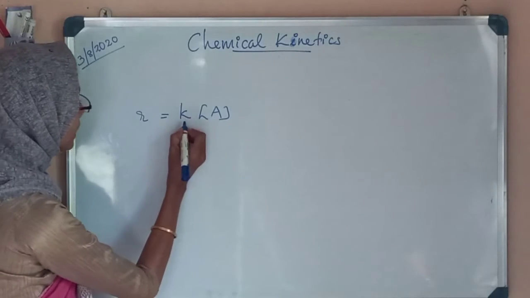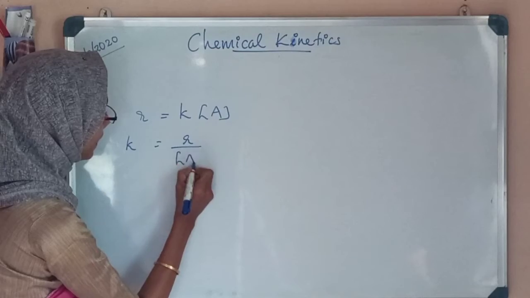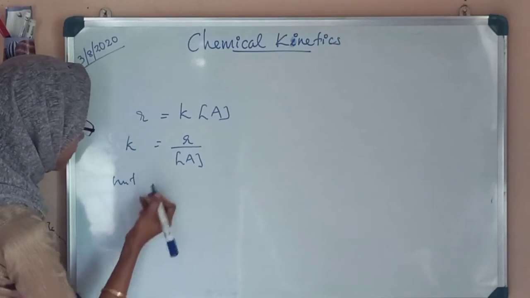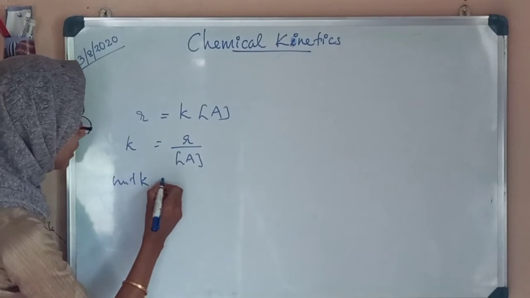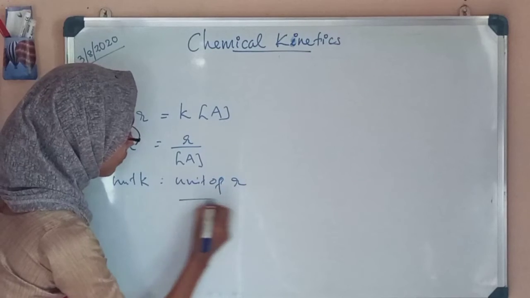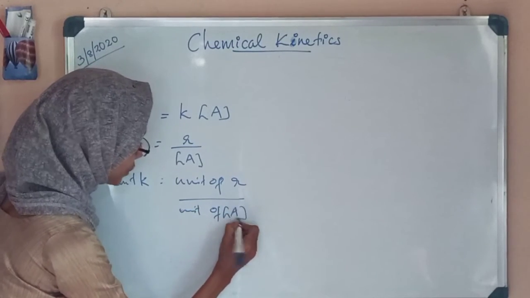We know that K is equal to R by A. Then unit of K is equal to unit of R divided by unit of concentration.